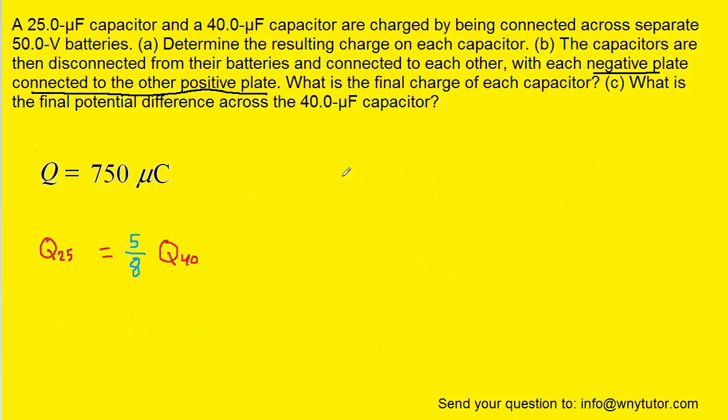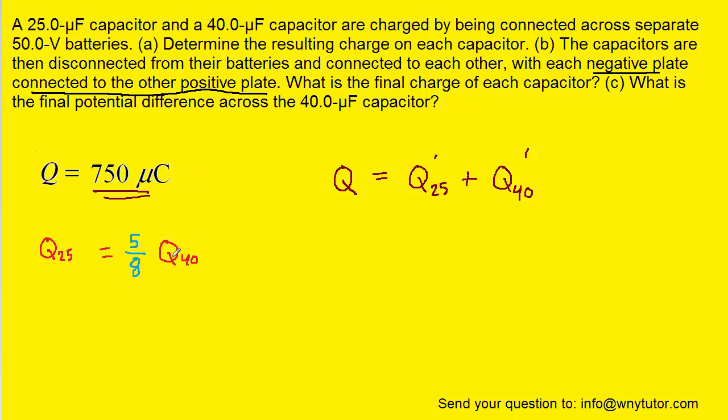Now, what we have to understand is that in the new combination of capacitors, the total charge is going to be the new charge on the 25 microfarad capacitor plus the new charge on the 40 microfarad capacitor. Now, we already figured out the total charge, and we have a relationship between the charges on the two capacitors.